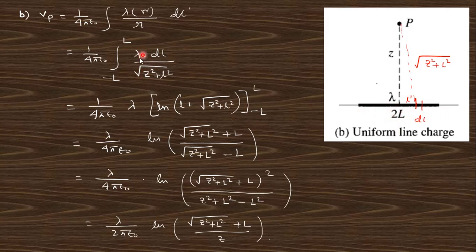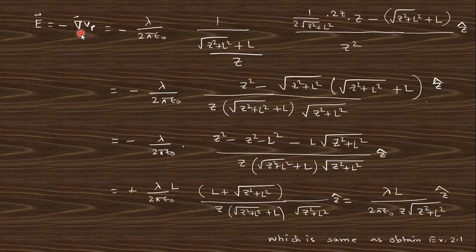Lambda is constant and taken out, and this is the formula of the integration. Put in the value of l and you will get this equation. If you multiply the upper portion, there is a 2, so this 2 cancels out, and this is taken as z. If you just take the gradient of this function with respect to z, just the derivative, you will get this expression.